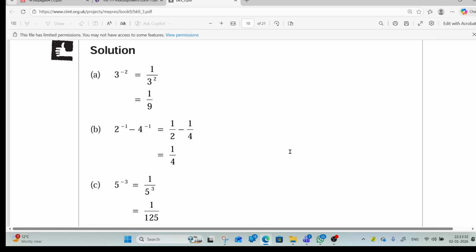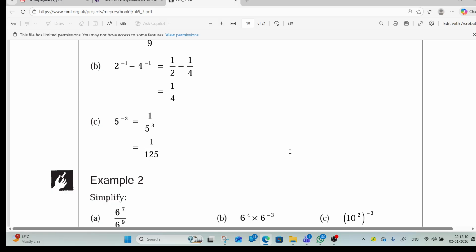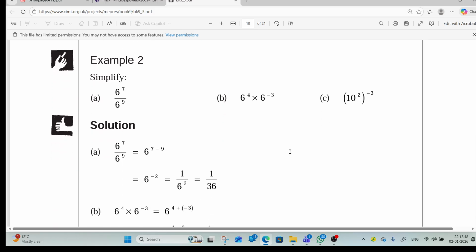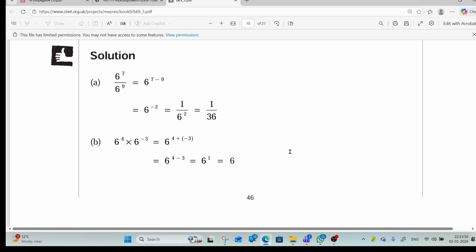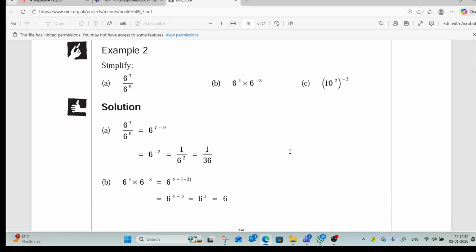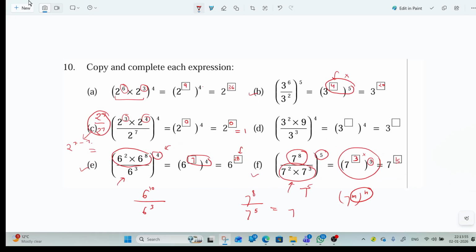Like here, 2 to the power negative 1 is 1 over 2. 4 to the power negative 1 is 1 over 4. 5 to the power negative 3 is 1 over 5, and this negative 3 becomes positive 3, right? Is that clear? Very good.